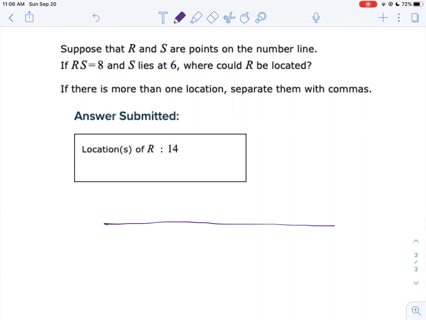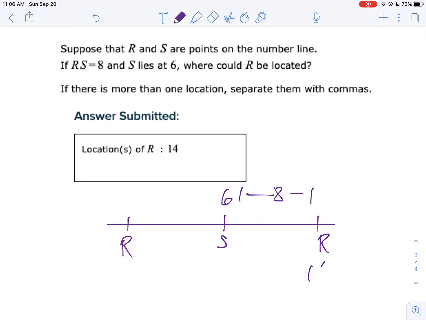So what happens here, you have S, you have R, could be to the right, or it could be to the left. So we know S is at 6. So if we go, the distance has to be 8, so that's where you got 14. 14 is correct.